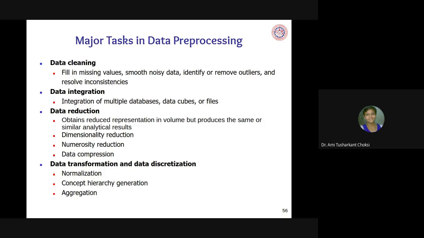Okay, so that is numerosity reduction, where we are trying to reduce the number, the value we can say. And for data reduction, not for numerosity reduction, people are using data compression.